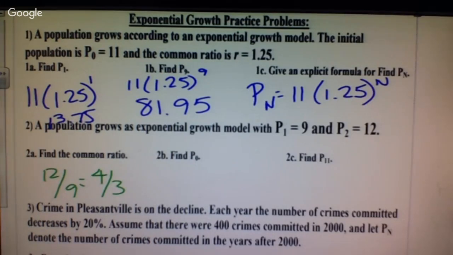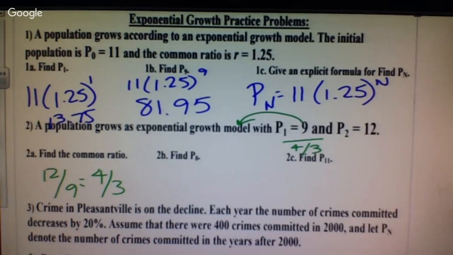All right. So they give us P sub 1 and P sub 2. We need to find P sub 0 before we can do our equation. So how do I go from P sub 1 to P sub 0? I need to go back. Normally going forward, I would multiply by this, so then you divide by that. So we're going to divide by 4/3.